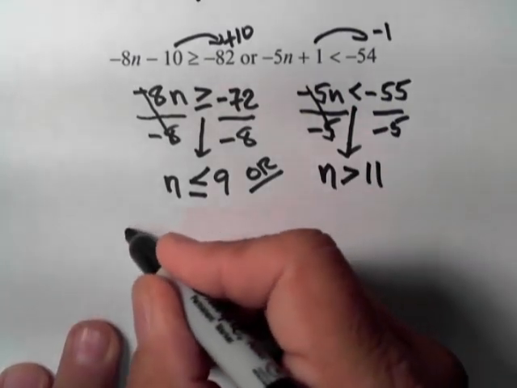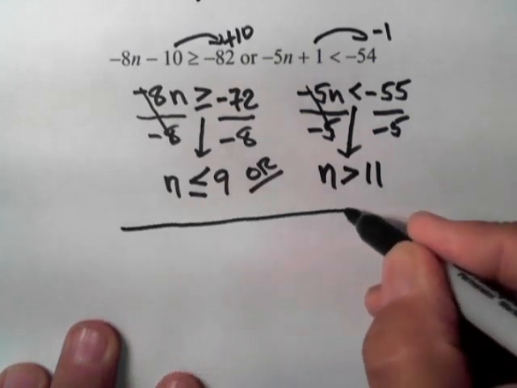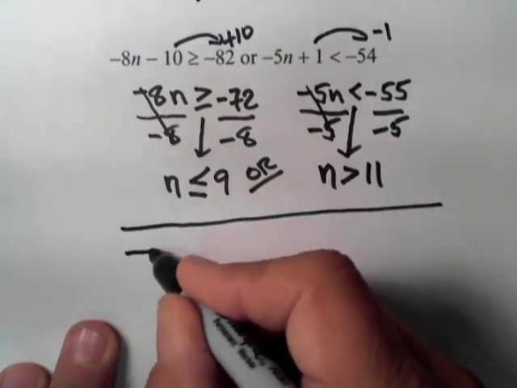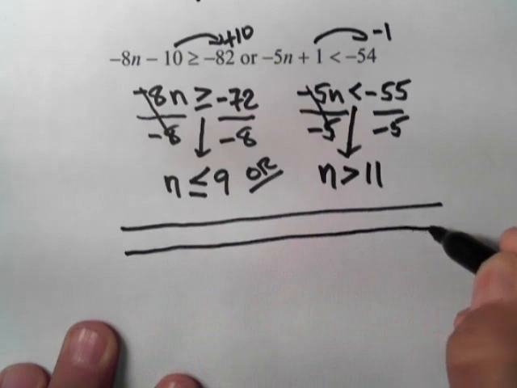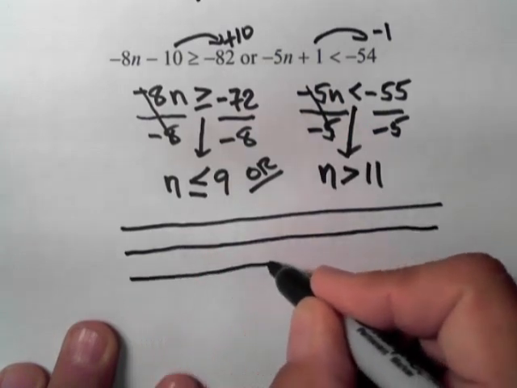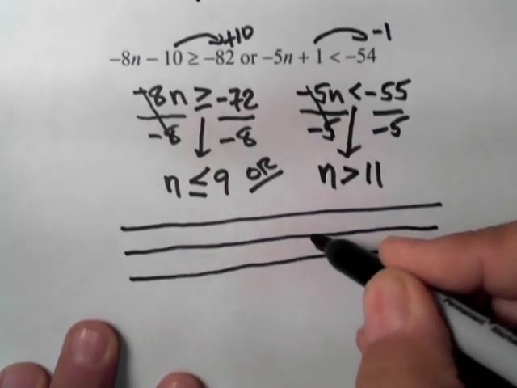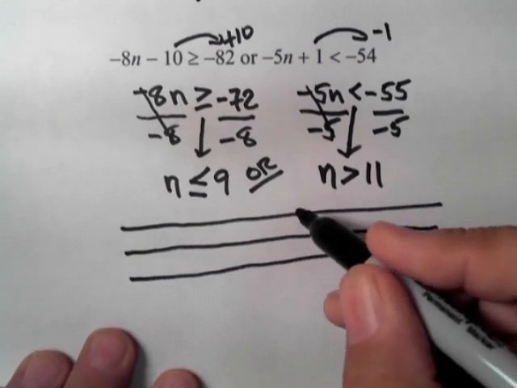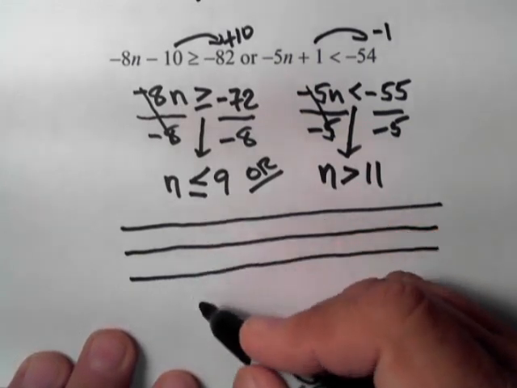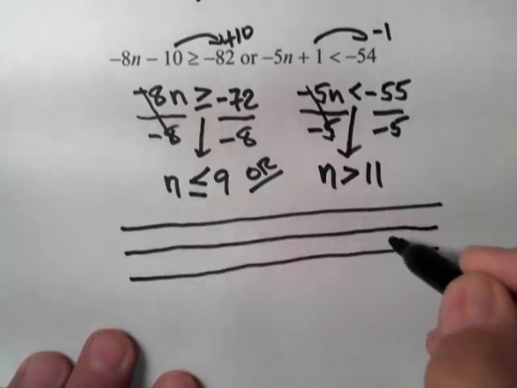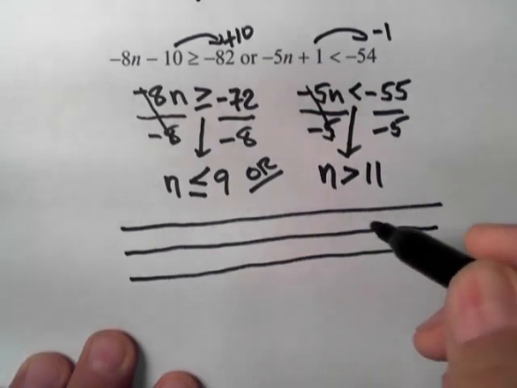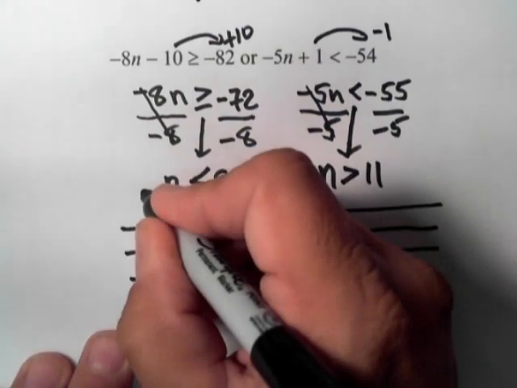Now, once again, as always, I'm going to make my 3 graph lines. Even if they just want the answer in set builder notation, it's usually wise to do the graph business here so you can visualize what's going on, and it greatly increases your chances of getting the problem correct.